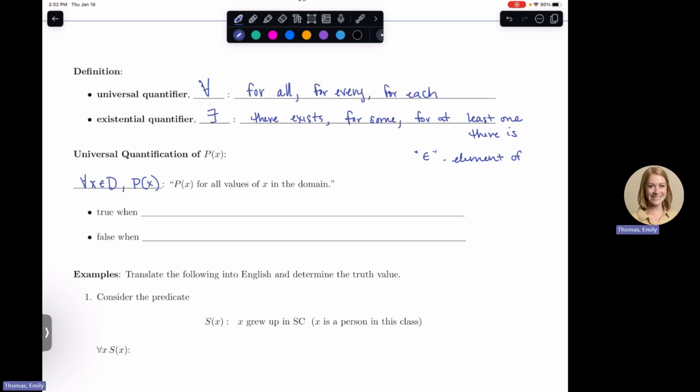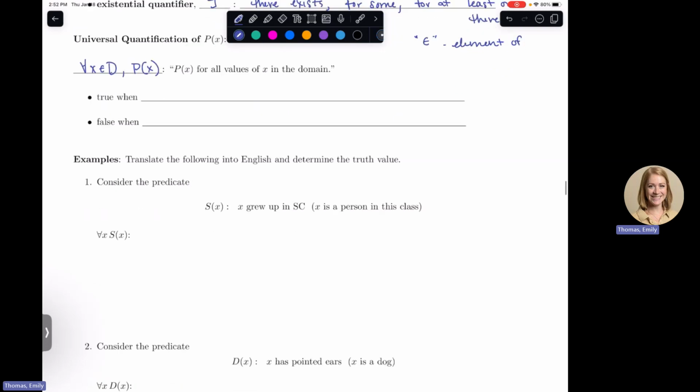So P of X for all values of X in the domain. Let's just talk about this example and we'll come back to those blanks.